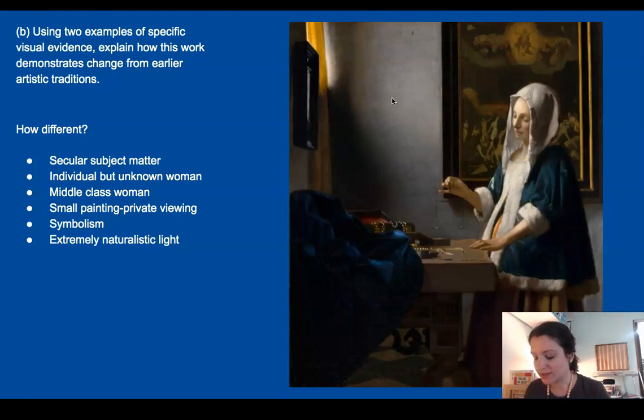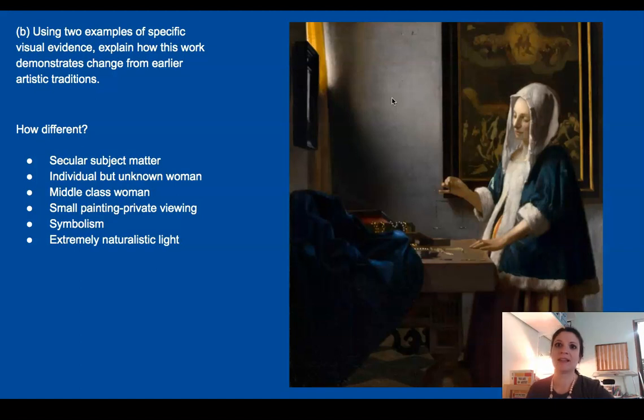This is not a picture of a story from the Bible or a saint's life or the life of Christ. It's not something out of ancient history or even contemporary history or contemporary events. It's not a painting of a battle or anything like that.